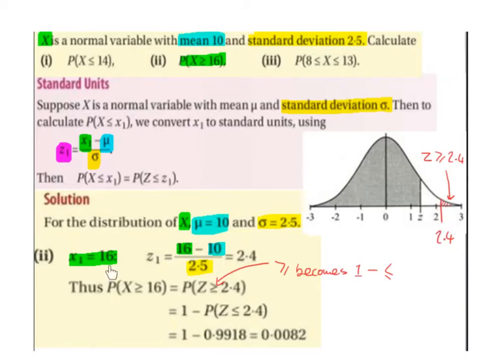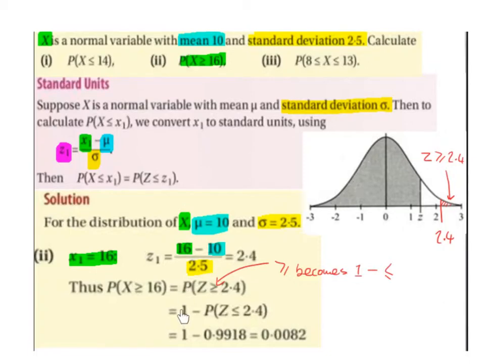So we draw out our curve, and if this is 2 and this is 3, then this is approximately 2.4. If we're looking for the probability that x is greater or equal to 16, that's the same thing as the probability that z is greater or equal to 2.4. Instead of getting the probability that z is greater or equal to 2.4, which we can't do, we're going to get the probability that z is less than 2.4 and subtract it from 1, because the area under the entire curve should add up to 1.